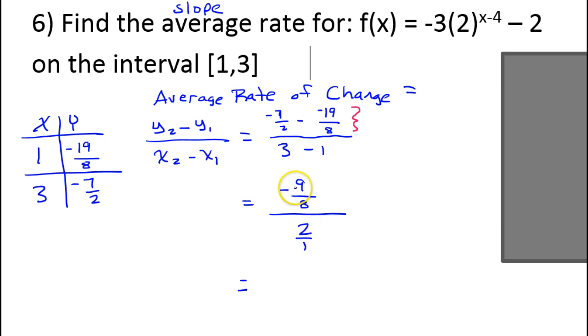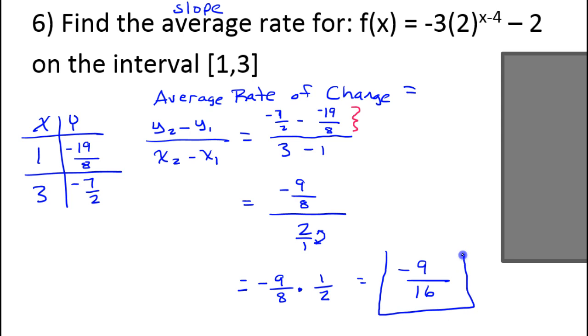Okay, so we have negative 9 over 8 divided by 2 over 1. So this is going to be the same thing as negative 9 over 8 times the reciprocal, which is 1/2. So that is going to be negative 9 over 16. And that is it. That is the average rate of change, negative 9 over 16.